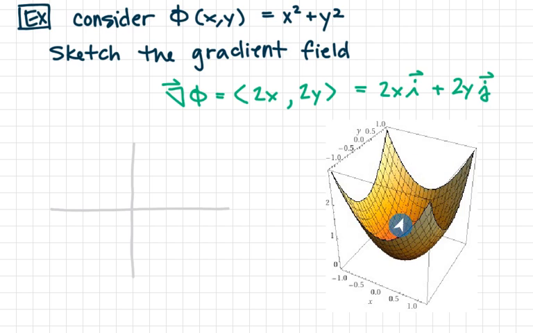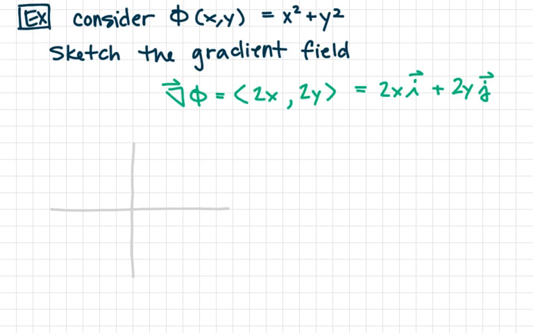This is our surface that we're drawing the gradient field for. I'm going to choose points around that circle, a level curve, a circle of radius 1. We'll look at these 4 points on the circle, which are (1, 0), (0, 1), (negative 1, 0), and (0, negative 1).